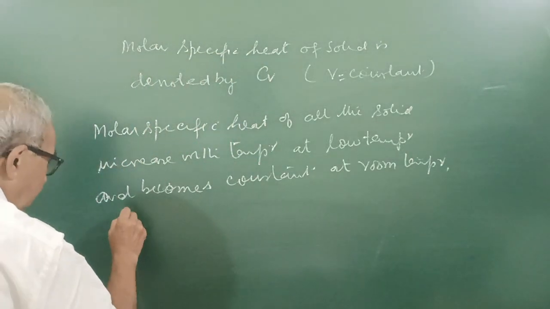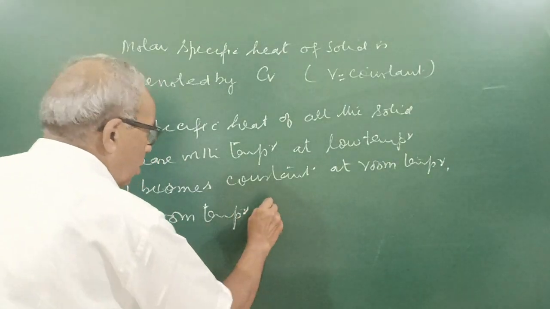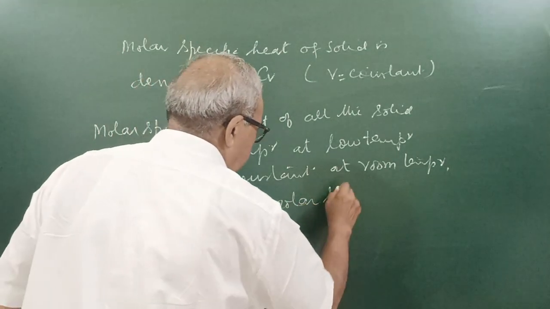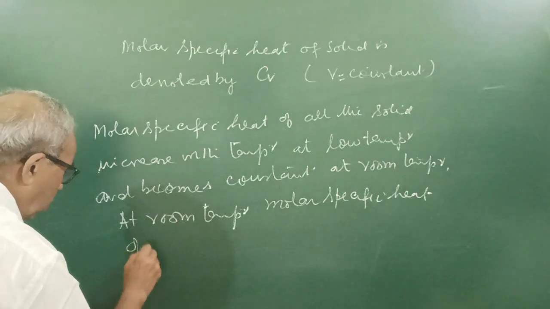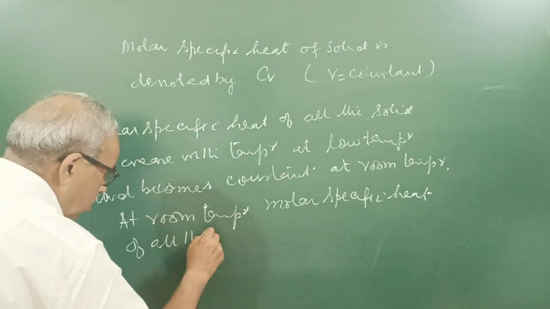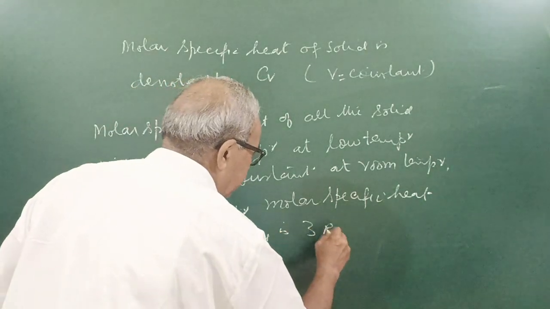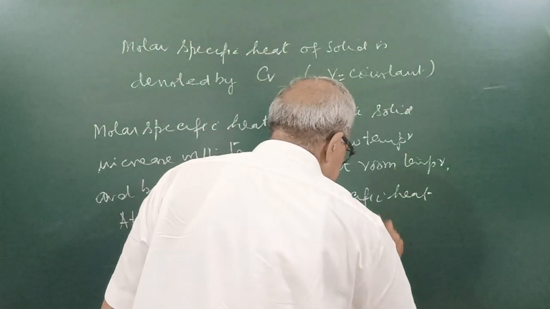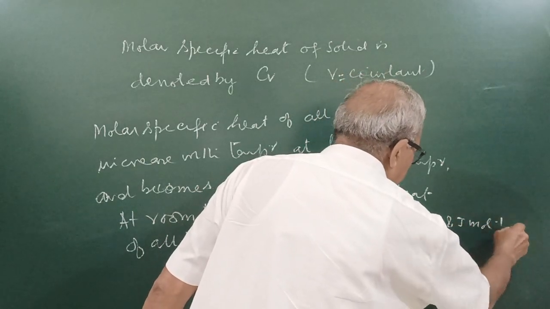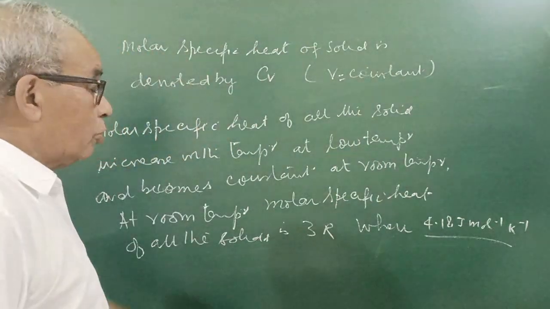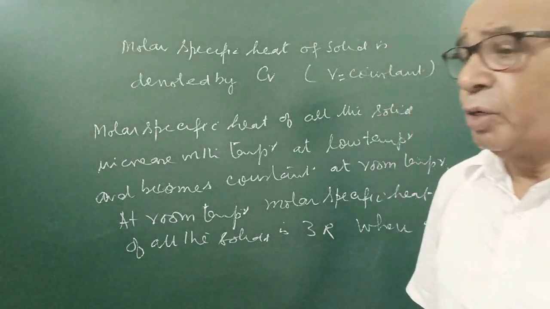And at room temperature, molar specific heat of all the solids is 3R, where R is 8.31 joule per mole per Kelvin. गैस कांस्टेंट, पढ़ेंगे आप इसको, you might have read in chemistry also, R is the universal gas constant.